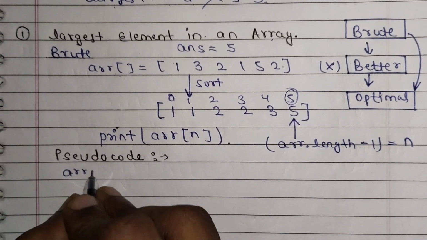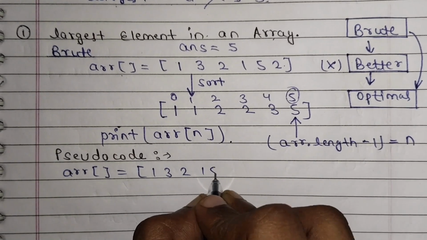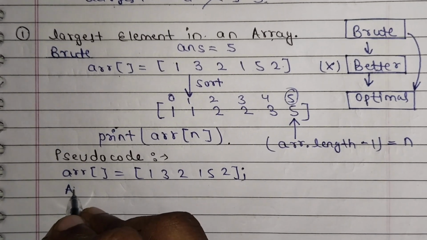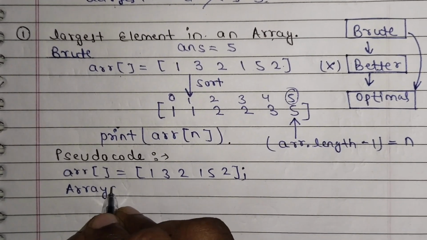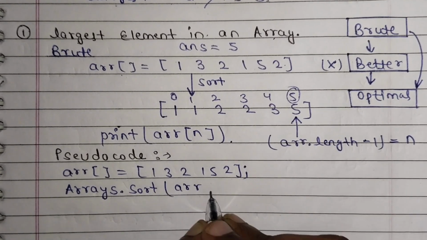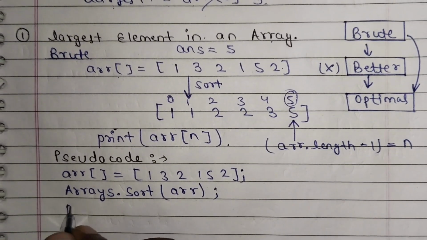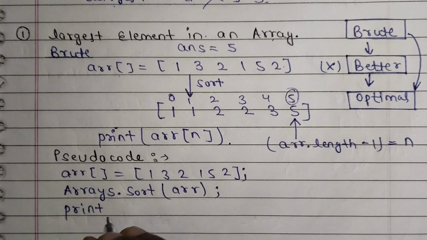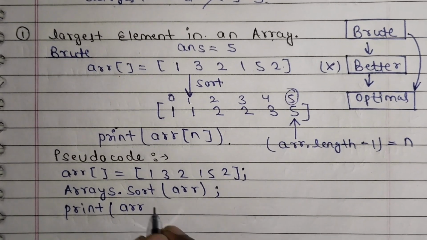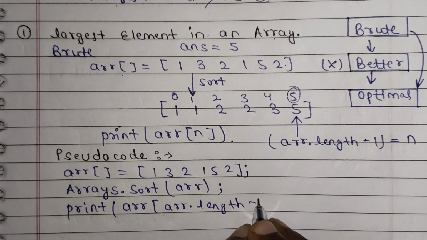First of all, we have to arrange this array in sorted order: Arrays.sort(arr), and then we have to print arr of arr.length minus 1.